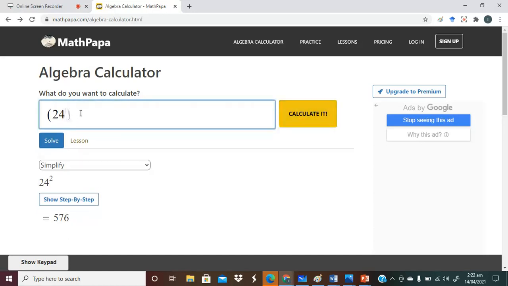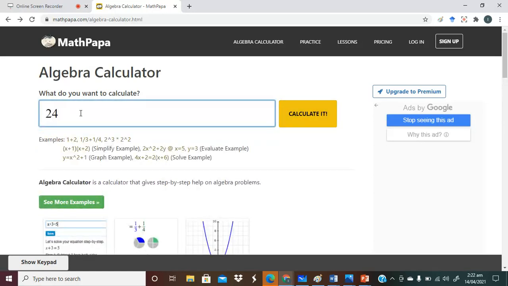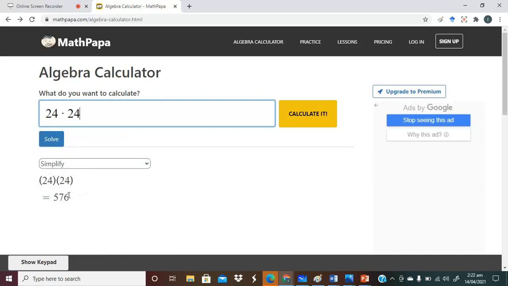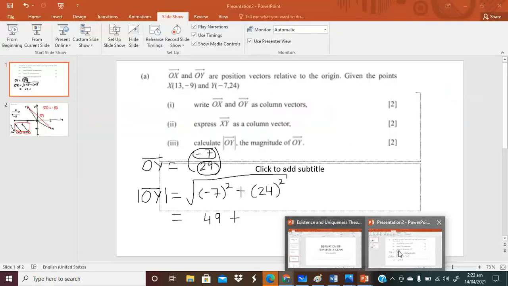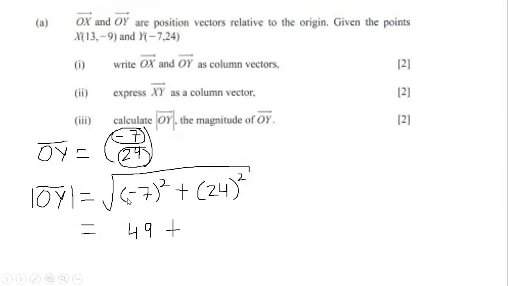Remember, that's basically 24 times 24. And so that means, let's go back to this, 24 squared is indeed what? 576.